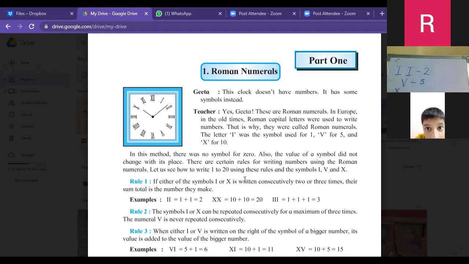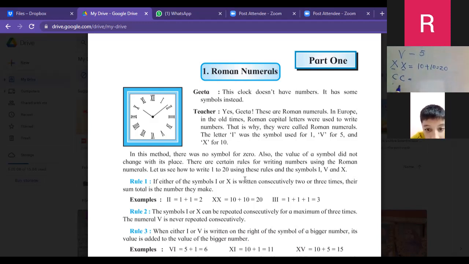Now XX is given, then 20. How will you write? 10 plus 10 is 20. Okay. Now another example, if CC is there, then what will you say?